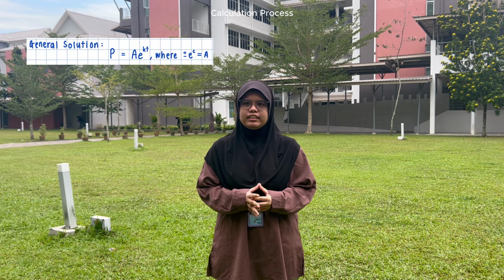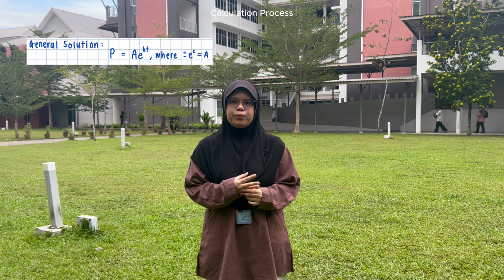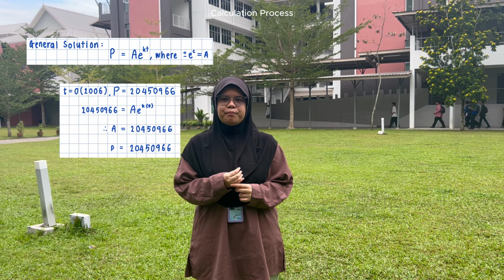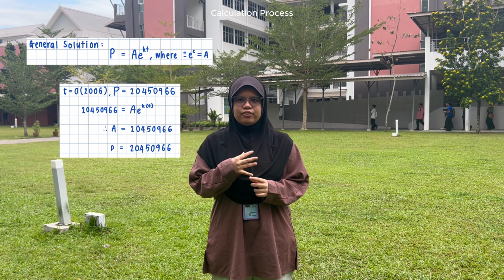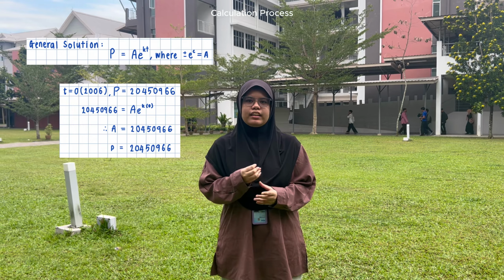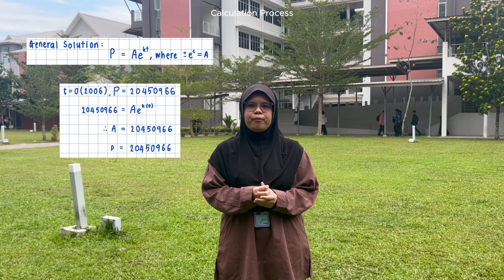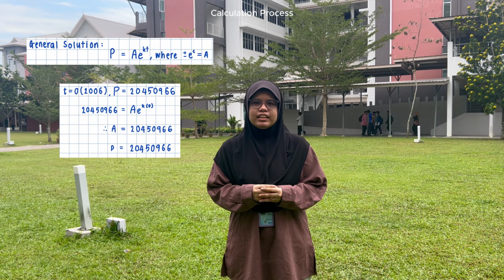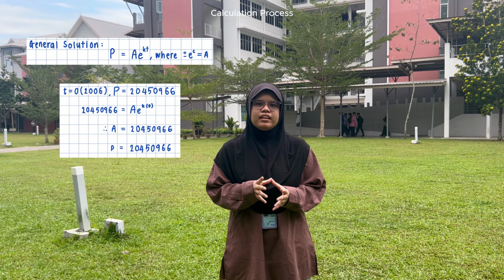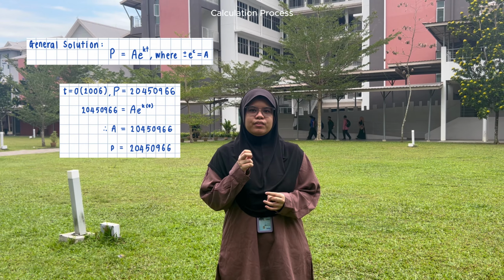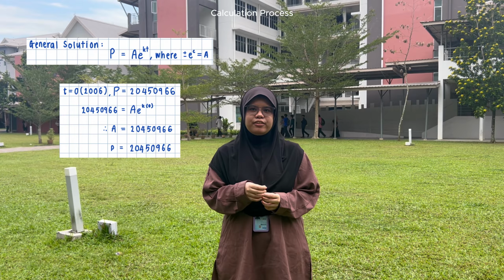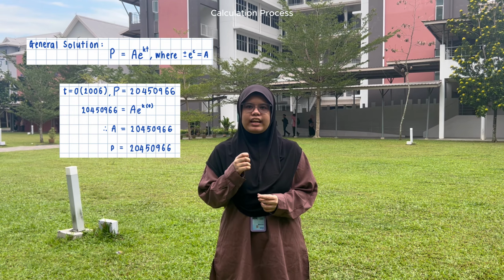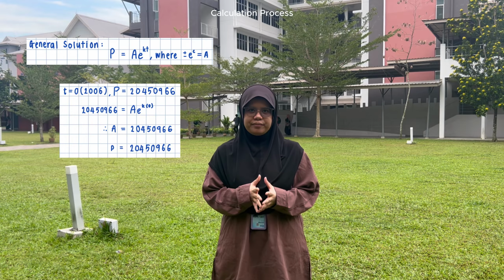First, I set the year 2006 as t equals 0 with a population of 20.4 million. Substituting into the formula, I obtained A equals 20.4 million. So, the model becomes P equals 20450966 e to the power of kt.